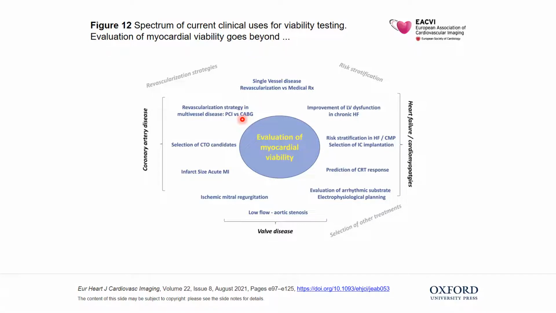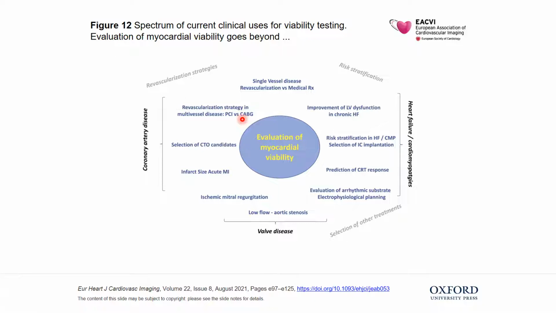In three-vessel disease, sometimes there are decisions similar to the one that I showed you. If you don't need to do the LAD, and you just need to do the right coronary and the circumflex, you can do stenting instead of CABG. So it works quite well.